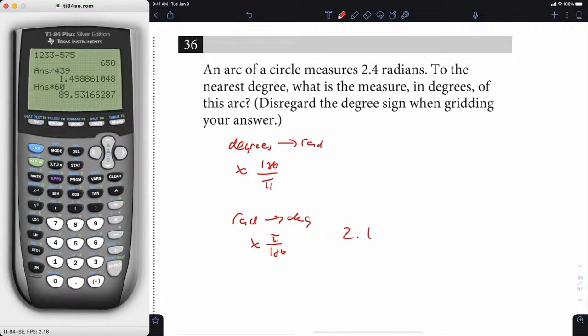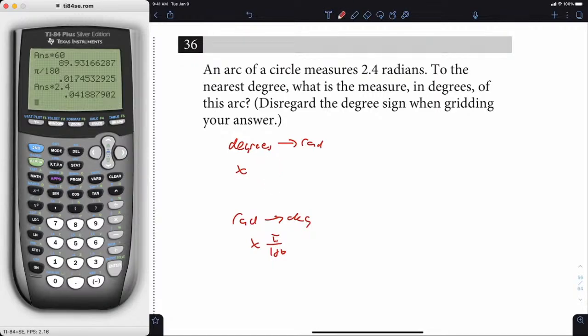So let's do 2.4 times pi over 180. Oops, I messed these up. That didn't look right to me.